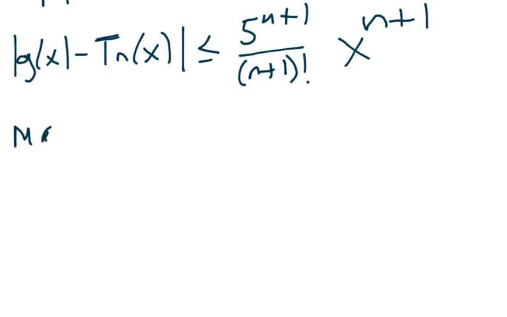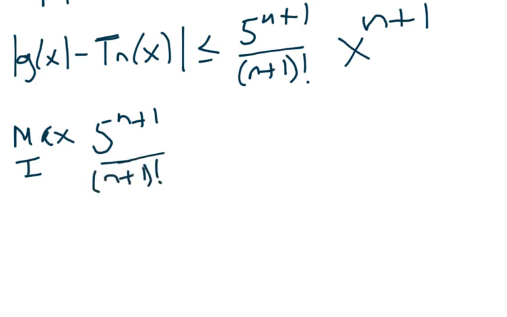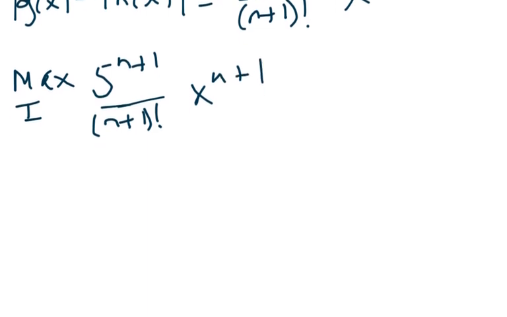So what we now want is the maximum of 5 to the n plus 1 on the same interval I over n plus 1 factorial x to the n plus 1. Well, of course, these guys don't depend on x, right?